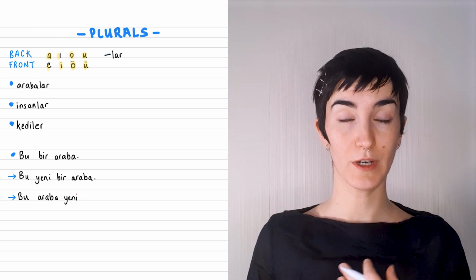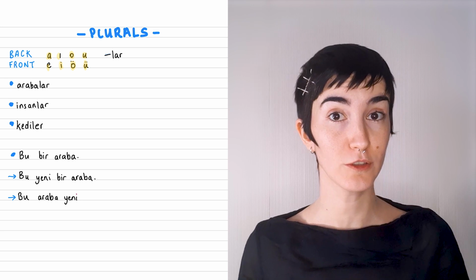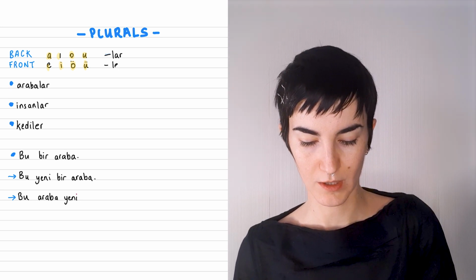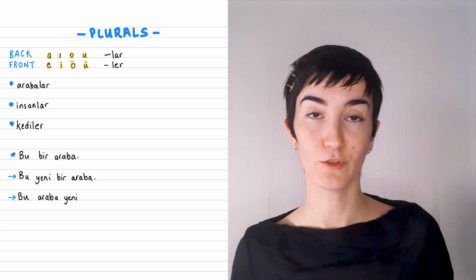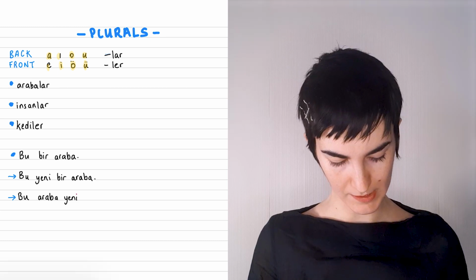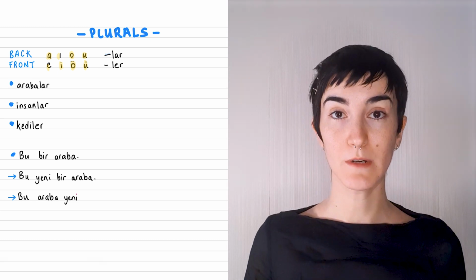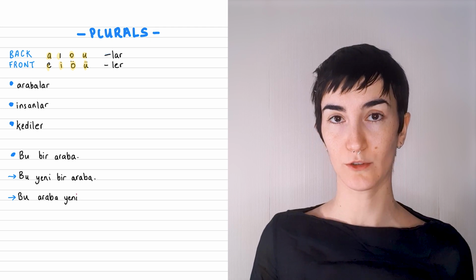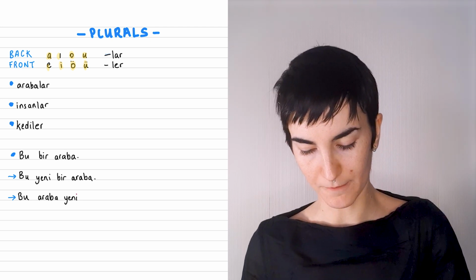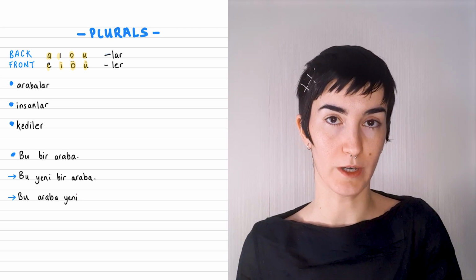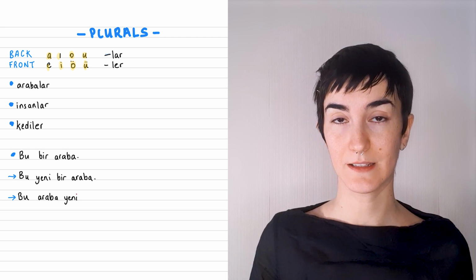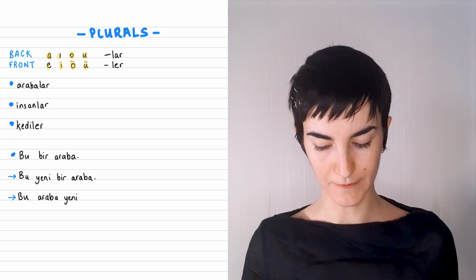And then for a word that ends in a front vowel, we're going to use ler for plural. What does this mean? This means that when we want to make a word plural in Turkish, we will look at the final vowel in that word. The word doesn't have to end in a vowel, still we'll look at the final vowel.